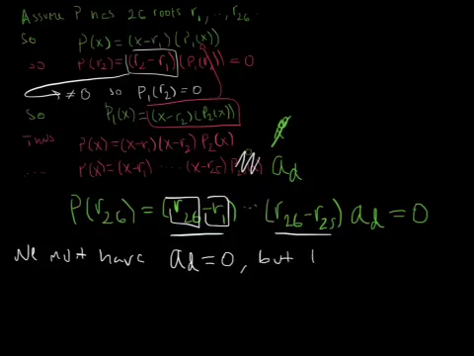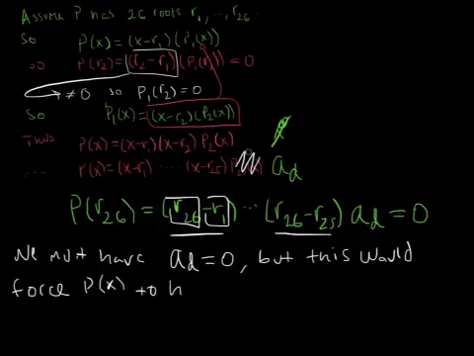But this would force p of x to have degree 0. This is a contradiction, right? What does it contradict? It contradicts the fact that the degree of p of x is 25.